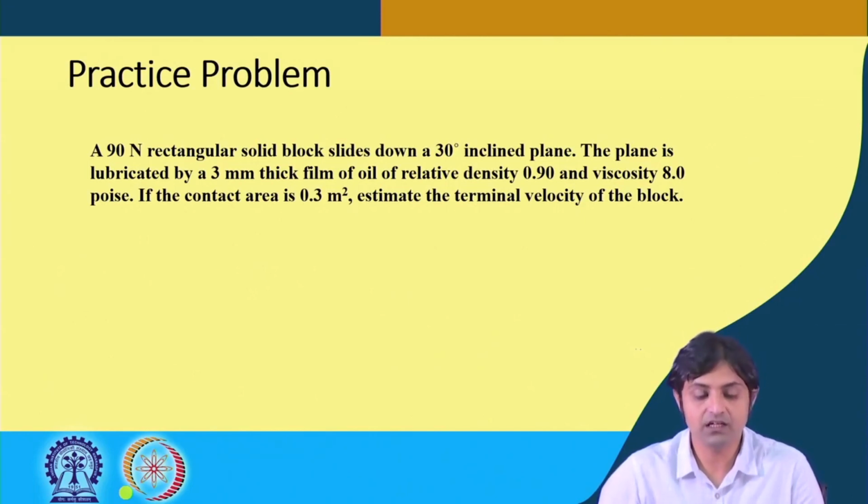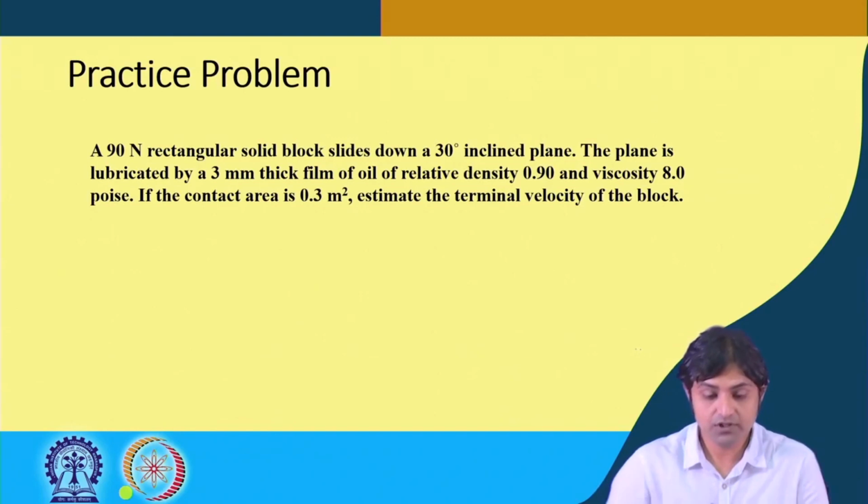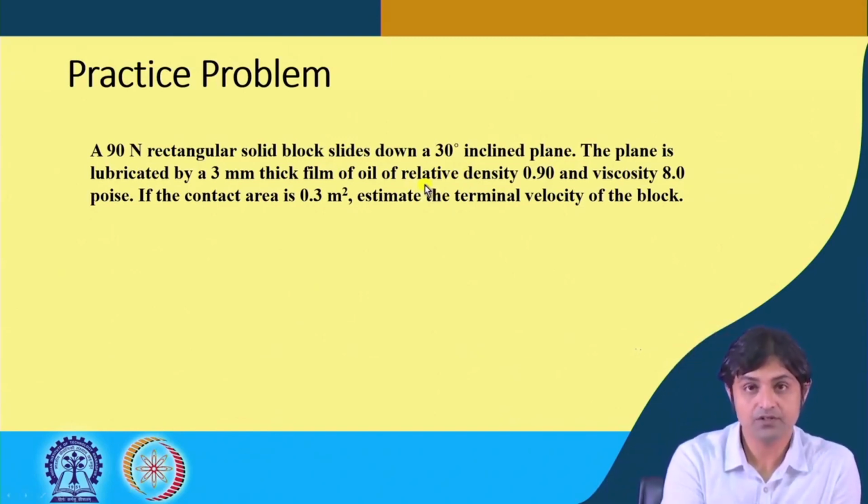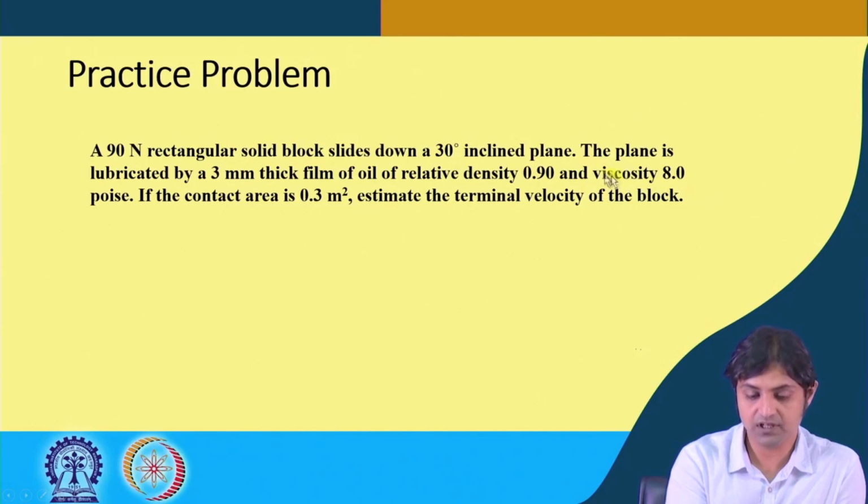If the contact area is 0.3 meters square, estimate the terminal velocity of the block. Here also, as you can observe, the most important part is the viscosity. Because of this viscosity, there is going to be friction or shear stress, and the block will have some friction, and therefore it will counter the weight of gravity, which is generally taking the block down.